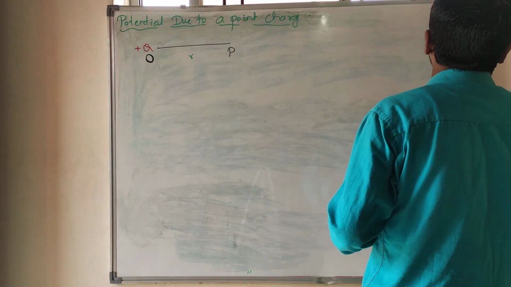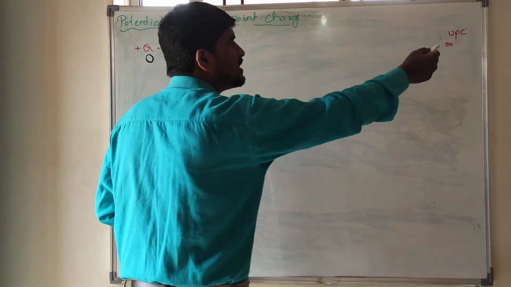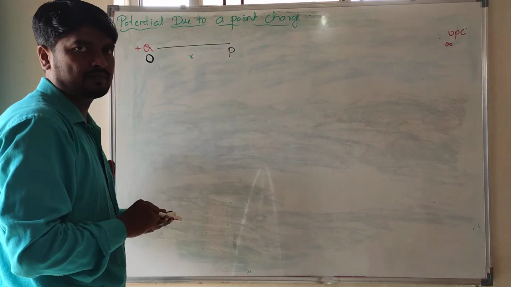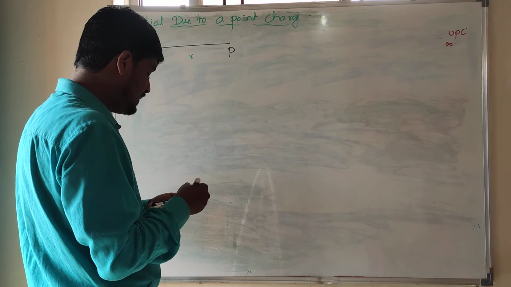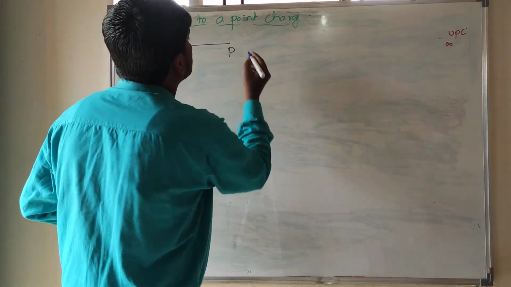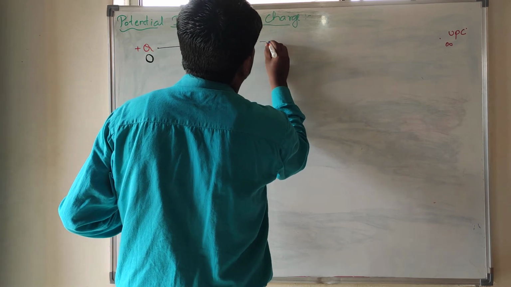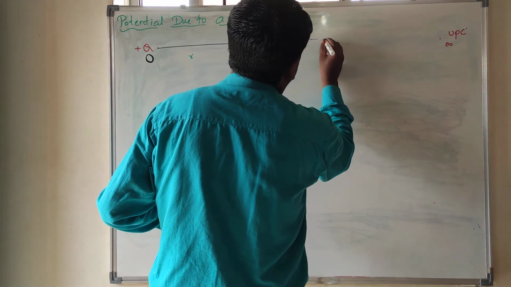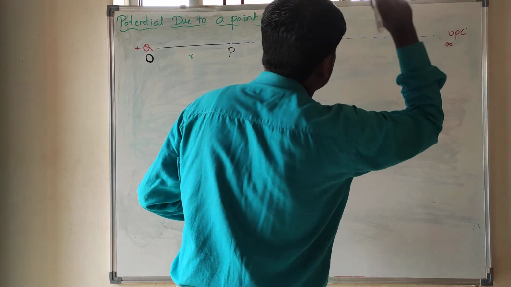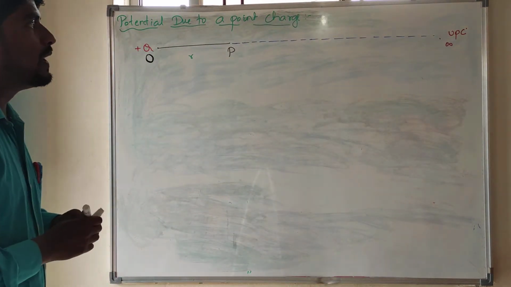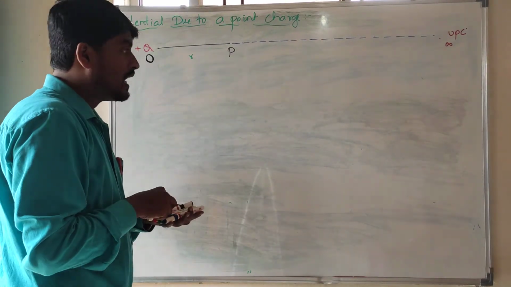Now the UPC is here at infinity. So now I have to bring the UPC from infinity to the point. While bringing, I will consider an intermediate step. So now I will just extend. Assume that this is an infinite distance. While bringing this positive charge from infinity to this point P, I will stop.